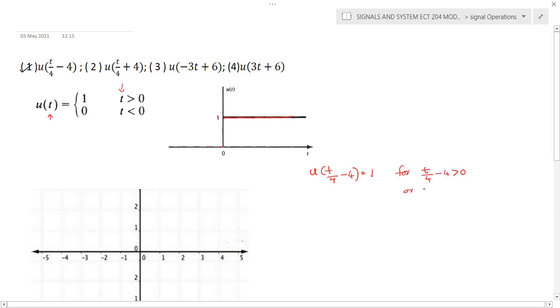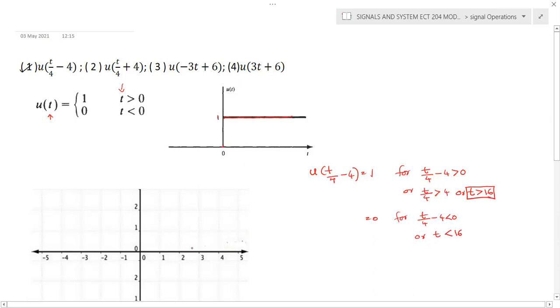If you rewrite this, you will get t by 4 greater than 4, or t greater than 16, 4 into 4, 16. So you got one condition that the equation is equal to 1 when t is greater than 16, and equal to 0 for the other condition, t by 4 minus 4 less than 0, or if you rearrange, t less than 16.